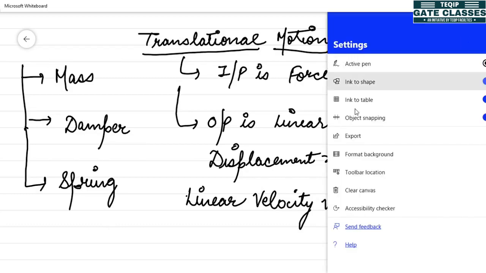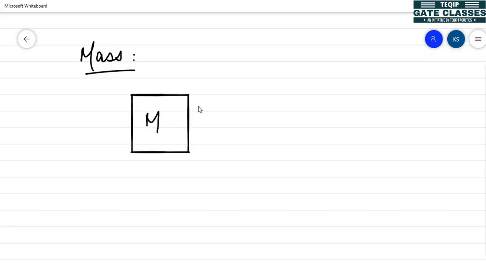So let us take the first element, mass. Mass is generally represented by a rectangular block M. It stores energy in kinetic energy form.